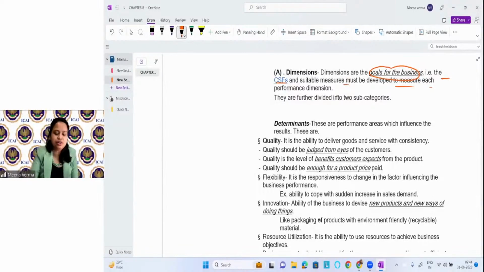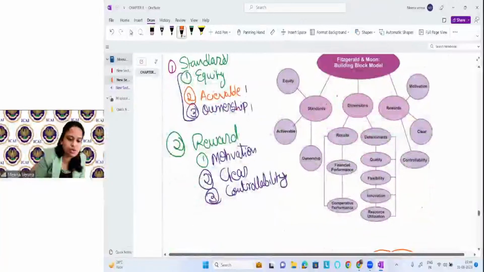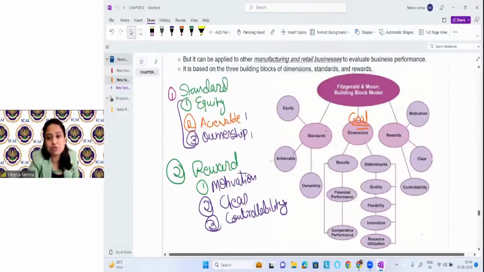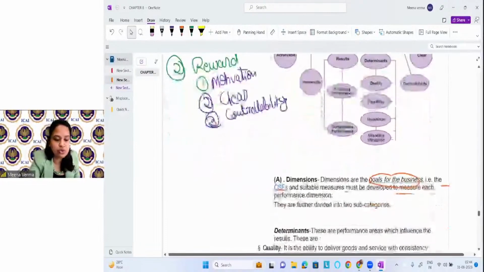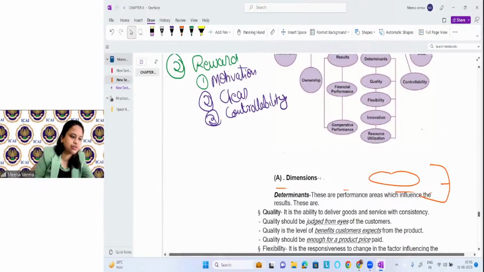So dimension will define the goal of the business. What is the goal of the business? You will get it from the dimension. Write these points. You don't need to learn all these things, just keep it in mind: dimension means goal of the business. That's it.